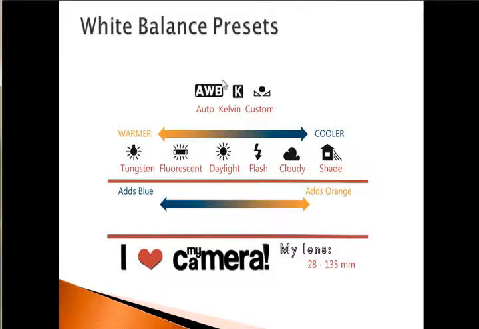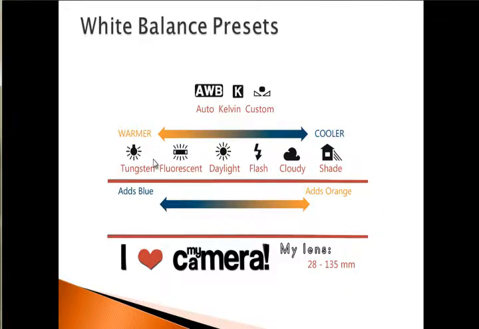And ignore this up here for right now. The auto white balance, the Kelvin, and the custom we're going to get to later. Those are not things really for this chart. It just kind of helps to have all the symbols on there to make you aware of everything. We're looking at this center section here.